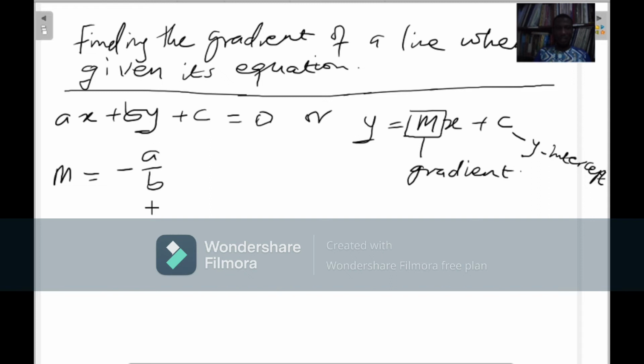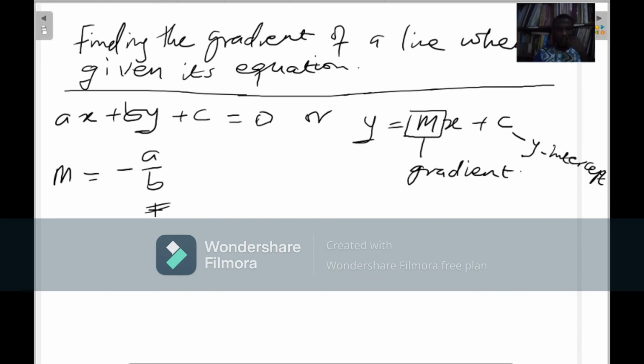That becomes our gradient. So in this case, when you make y the subject of this, you are going to get negative a over b x. So the negative a over b is what you are representing with one variable here to be called m. So that is just the same thing. So instead of making y the subject, you can just use this formula, m equal to negative a over b, and you still get your gradients.